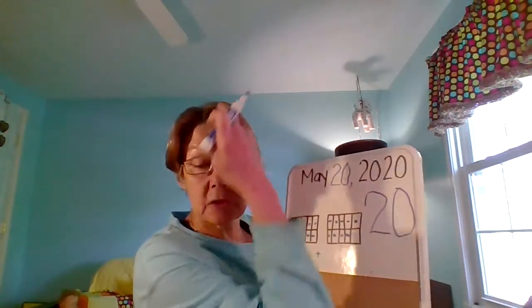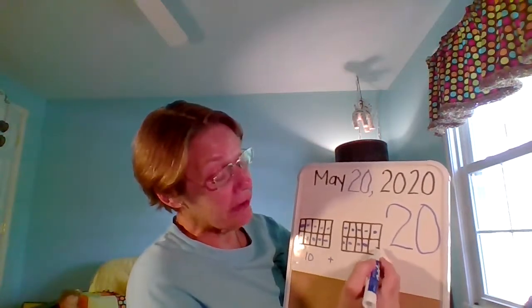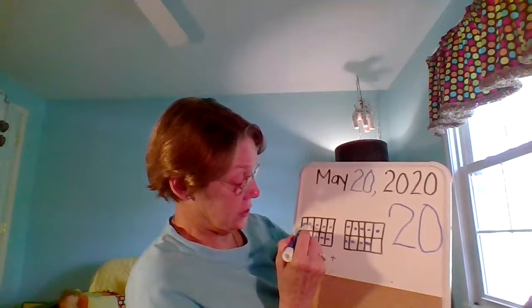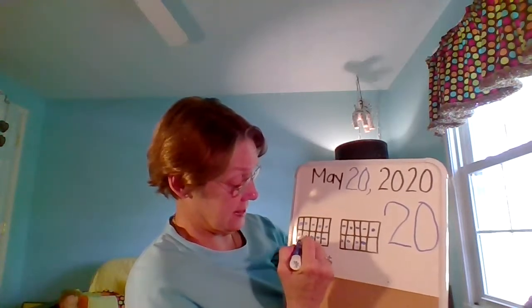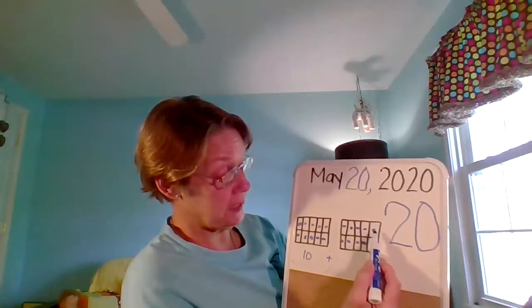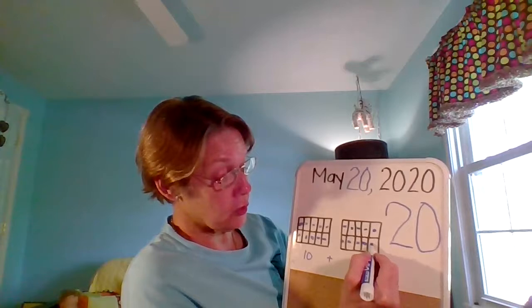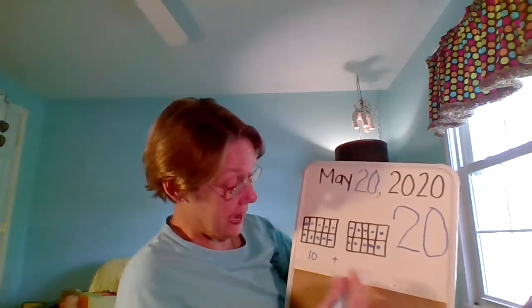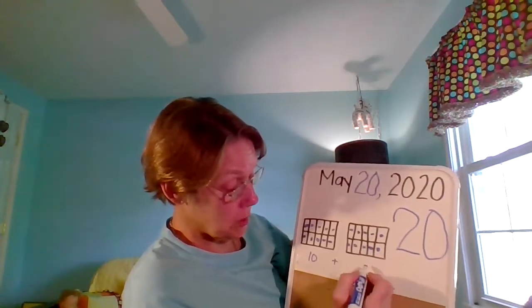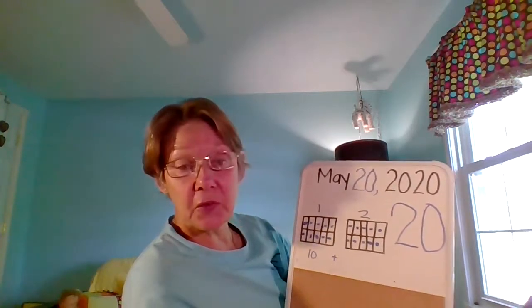Well, the answer is because when we add our number 20 here, 1, 2, 3, 4, 5, 6, 7, 8, 9, 10, 11, 12, 13, 14, 15, 16, 17, 18, 19, 20, we find that we have 2 tens frames.